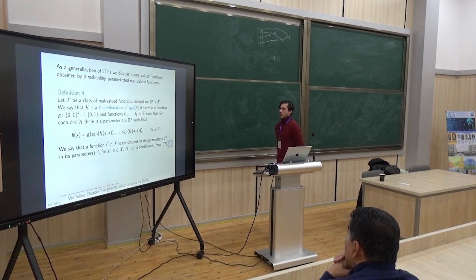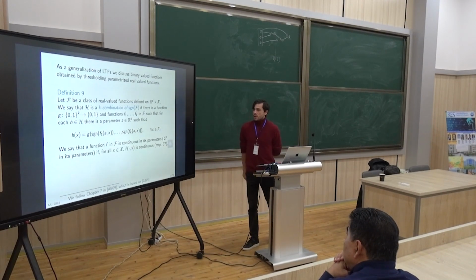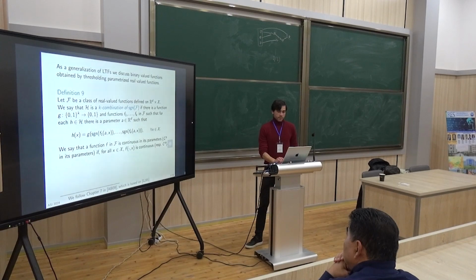These committee members are going to be elements in this class F. The K combination of signs of F are the functions that are expressed as this function G composed with all the votes of the different committee members.